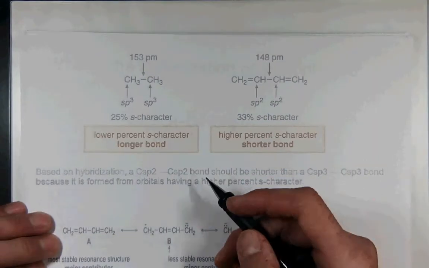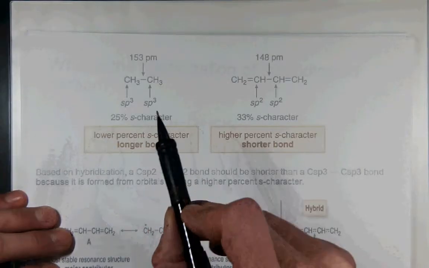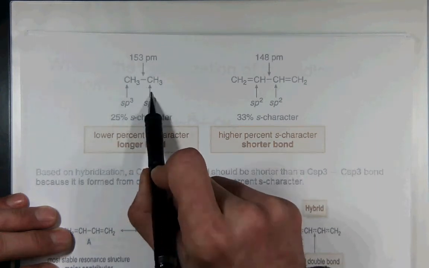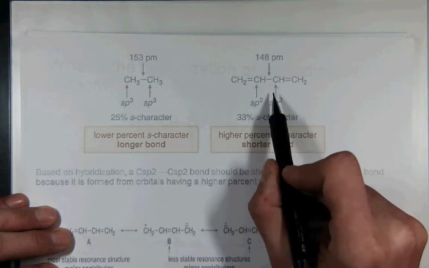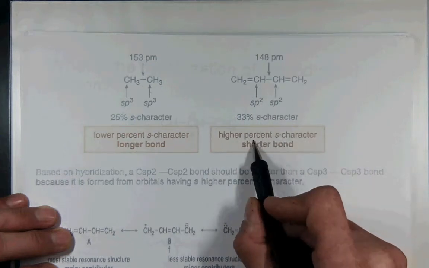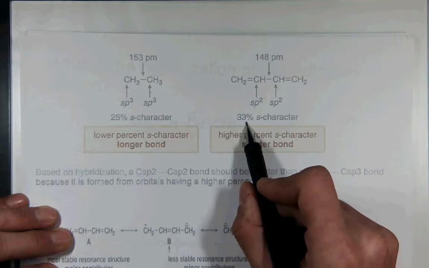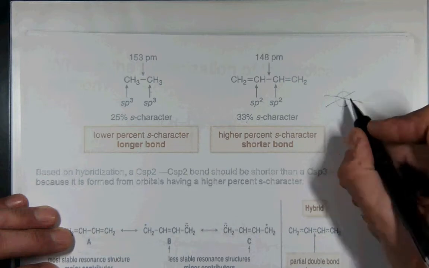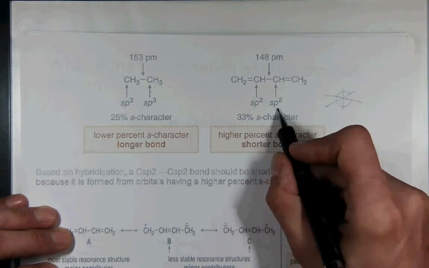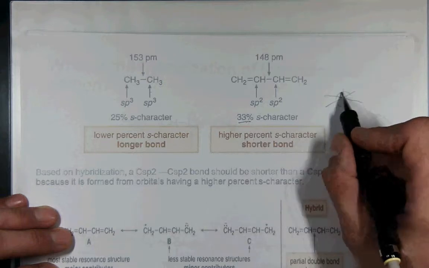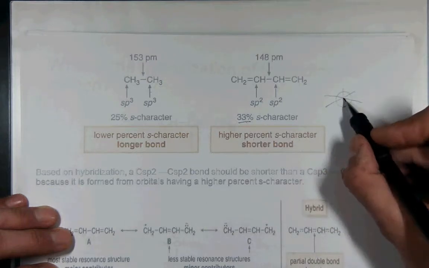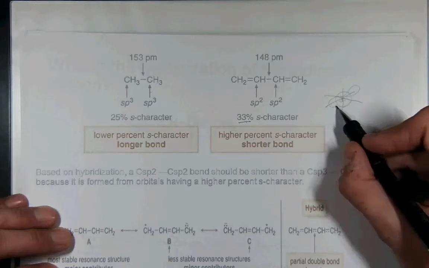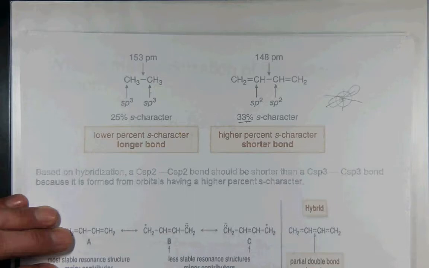So I was talking about double bond character. In the longer isolated system, 153 picometers, each one is sp3 hybridized, but here they're sp2 hybridized, so the s character is greater. Remember, s orbitals are centered on the nucleus, and if it's sp2, it's 33% s, so it's closer to the positive charge of the nucleus, whereas p orbitals are further away from the nucleus.